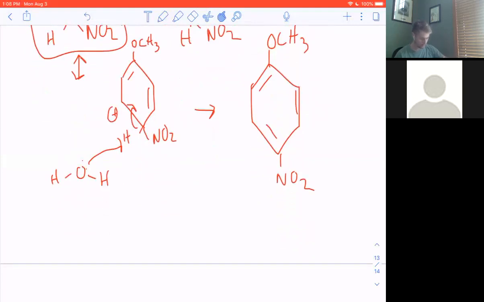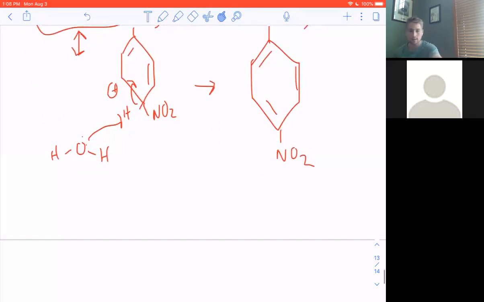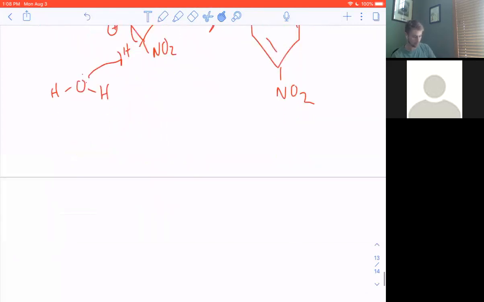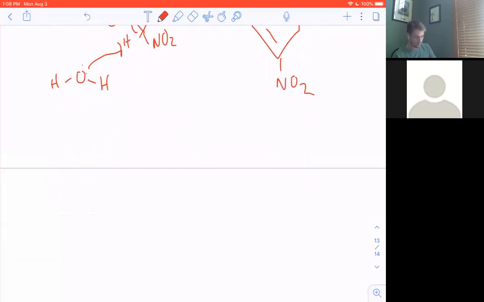Moving on then. The next one does want you to draw basically the product for, I guess, missing products. And so I'll just draw out the whole problem first, and we'll go over the steps.